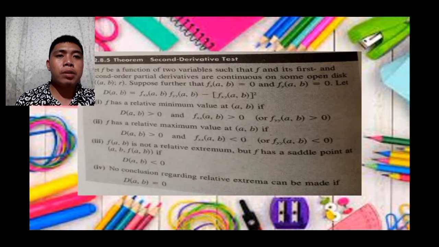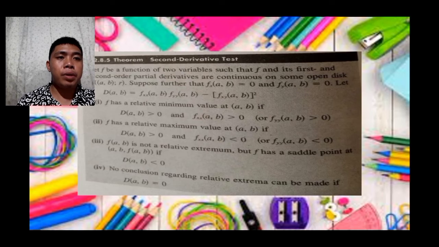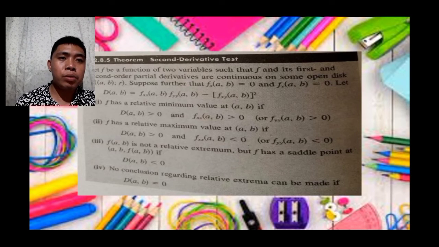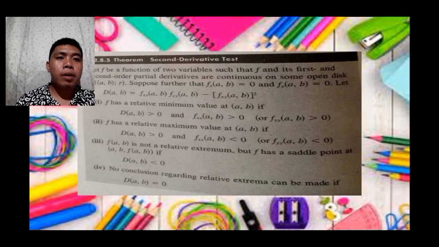Suppose further that f sub x of (a, b) equals 0 and f sub y of (a, b) equals 0, and let D of (a, b) equal f sub xx of (a, b) times f sub yy of (a, b) minus f sub xy of (a, b) squared.